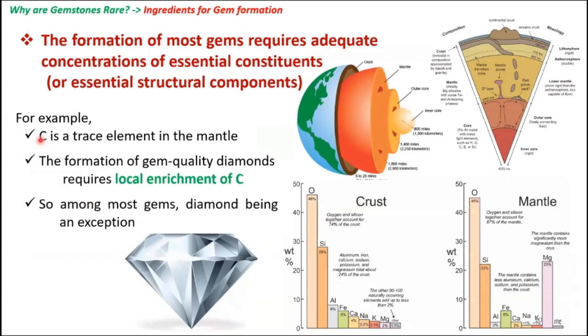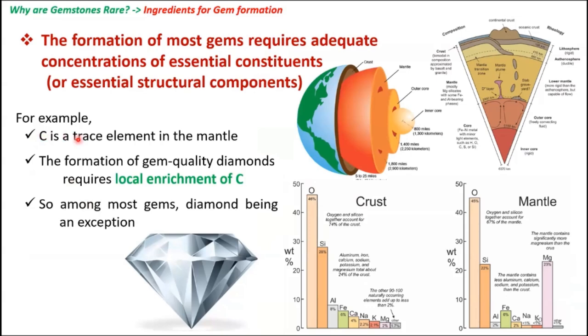You can get a further idea after considering diamond. For the formation of diamond, the essential requirement is the availability of carbon, and the second is high pressure and high temperature conditions.